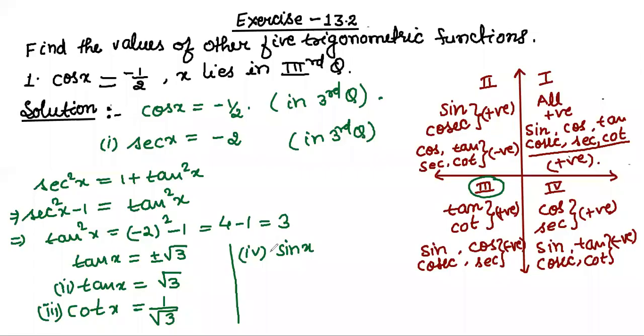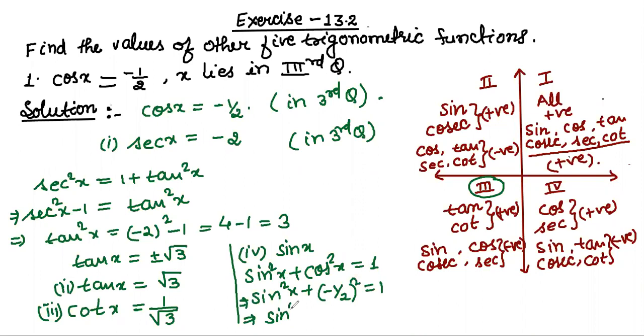For finding sin x, we can use sin square x plus cos square x equals 1. This identity we know. So we can apply sin square x plus cos square x, where cos x is minus 1 by 2 whole square. So sin square x equals 1 minus 1 by 4.